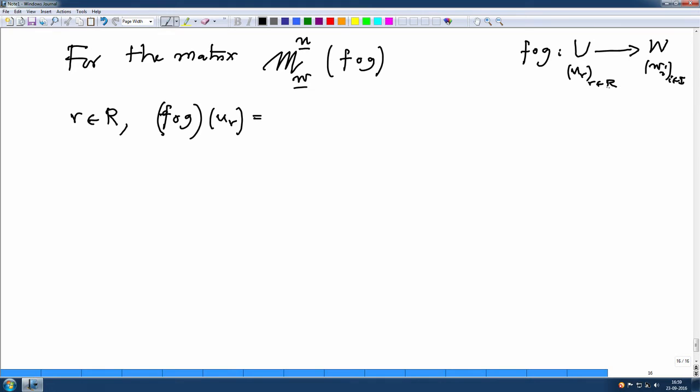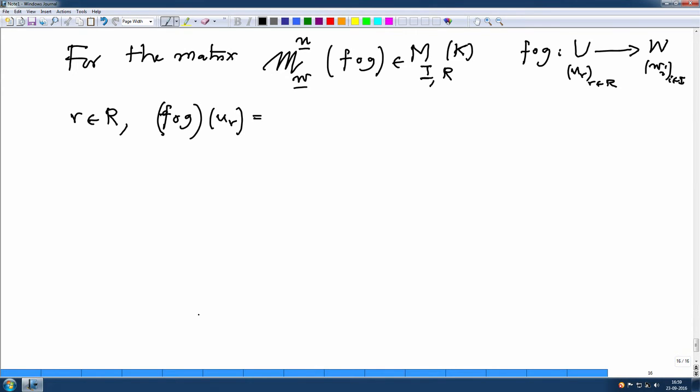So this will be an I cross R matrix, I comma R. This will be that matrix. The first indexing set is where a vector space goes in. So I have to compute this in terms of the matrix of F and the matrix of G.